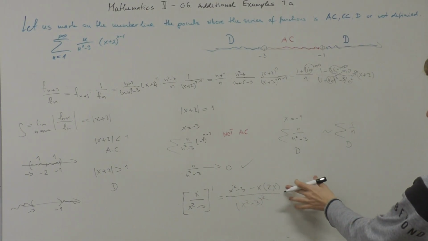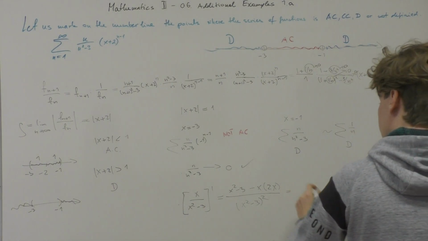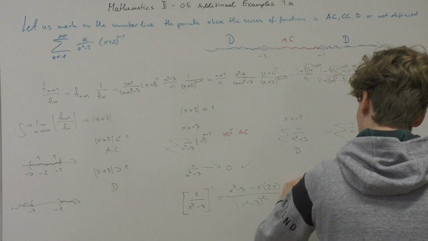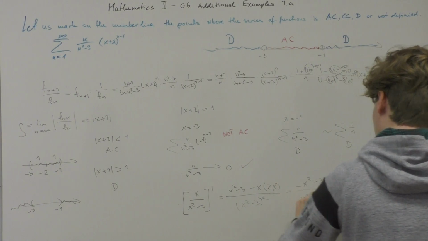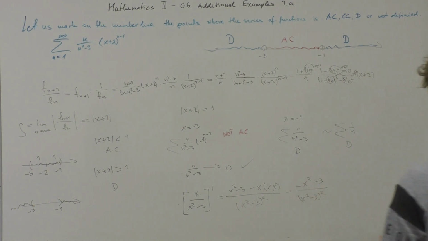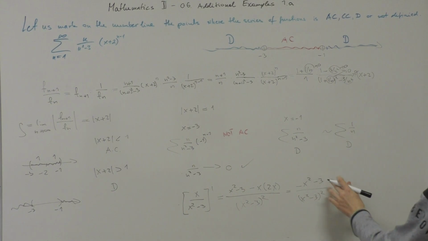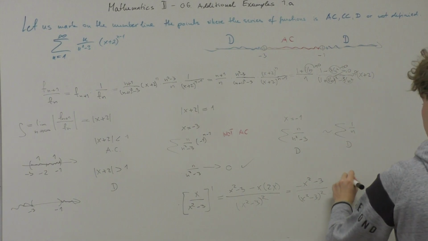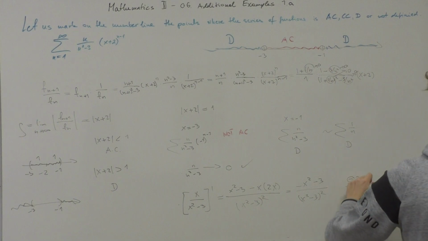Let's try to combine the terms in the numerator. So this will be minus (x^2 + 3) over (x^2 - 3)^2. And obviously the denominator will always be positive, and the numerator is always negative. So we have negative over positive, which is negative.